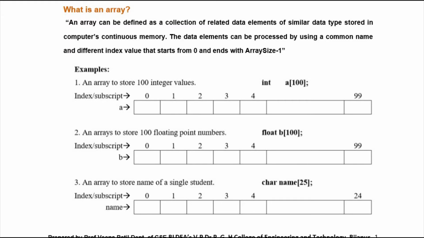Say, for example, I want to store the name of a single student. Then I'll say name is the name of the array. It is capable of storing 25 characters. The data type is character.